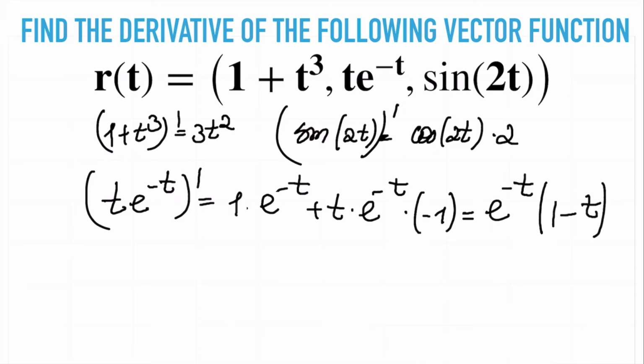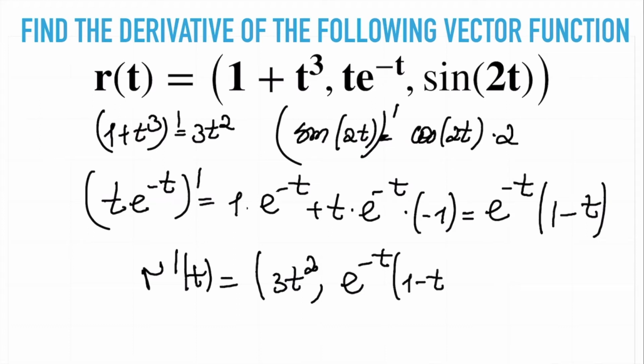So the derivative of this vector function is going to be another vector function with the components 3t squared, e to the power of minus t times (1 minus t), and 2 times cosine of 2t. If you are required to find a tangent vector to this curve, that's exactly it.